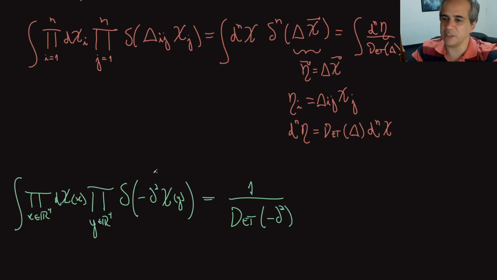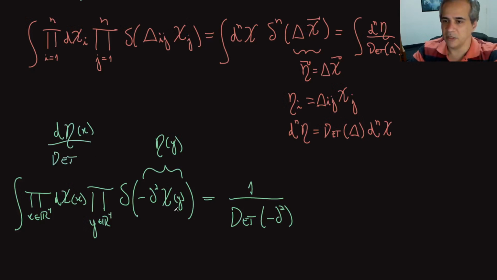Because I can just make a change to integrate over eta of y, and the Jacobian here will be d eta of x over the determinant of this minus this del square, which is del G del chi.